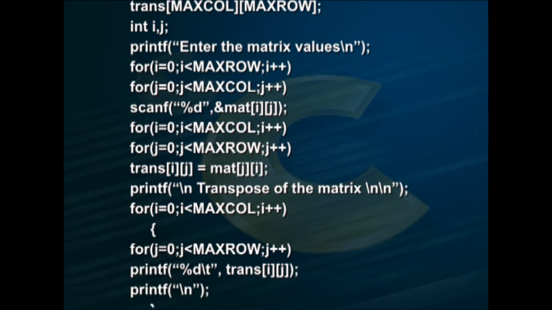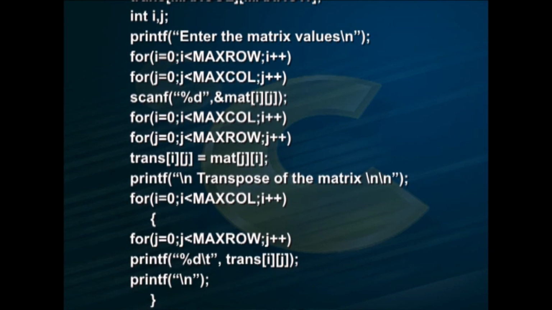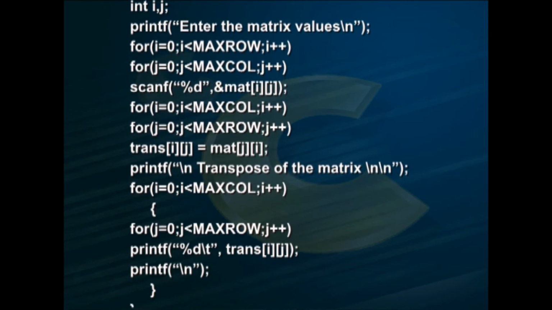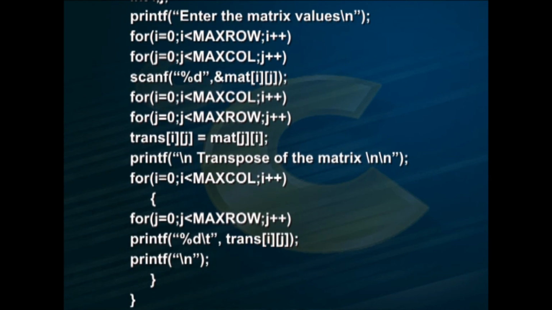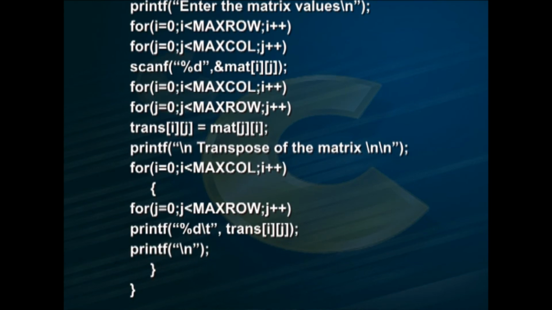Print transpose of the matrix. For i = 0, i < MAXCOLUMN, i++, and within braces for j = 0, j < MAXROW, j++, printf("%d", trans[i][j]) and printf("\n").